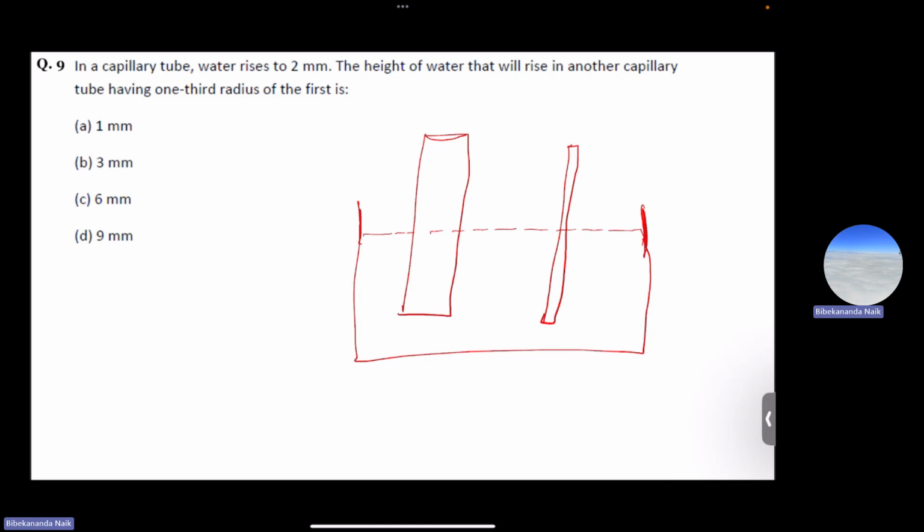So here the water rises two mm, and here the radius is r. Here the radius is r by 3. Then what will be the height of water that will rise when it is placed in the water? So I'll give you a few minutes to think about this question and solve it. Then we will discuss what will be the correct answer.